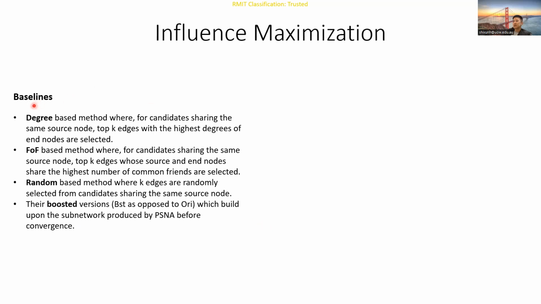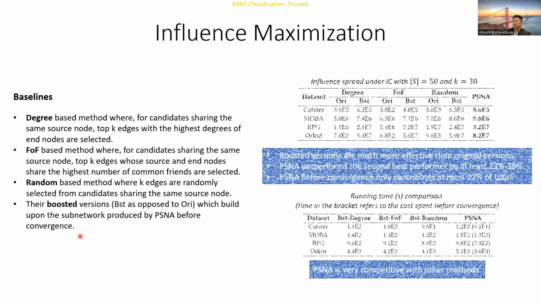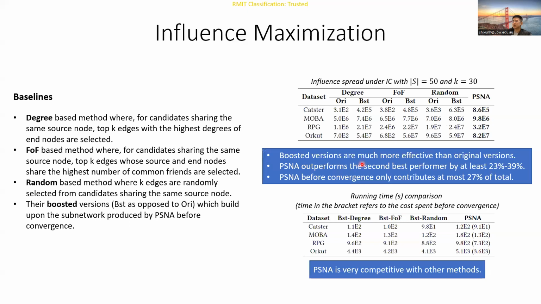We consider the baselines: degree-based, friend of friend, and random-based, and their boosted versions, which build upon the subnetworks produced by our method before the convergence. The results show that the boosted versions are much more effective than the original ones. And our method before the convergence only contributes a small percentage of the total edges, which demonstrates the superiority of our method. And our method is also very efficient and very competitive with those baselines.